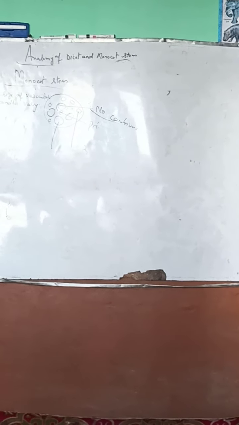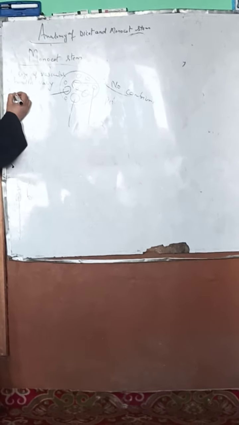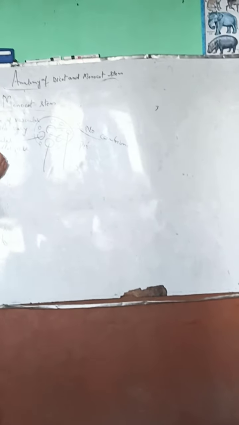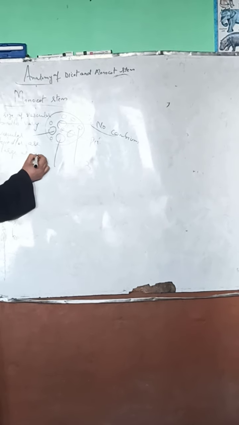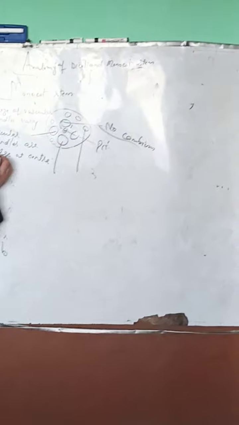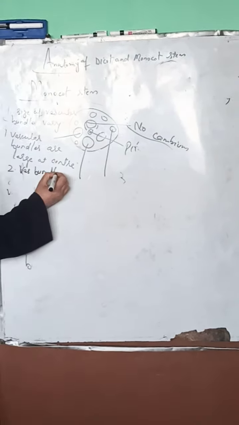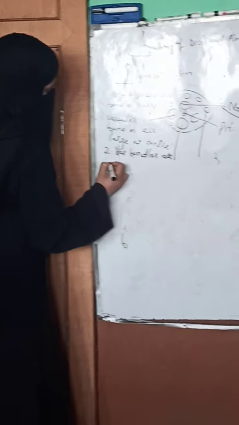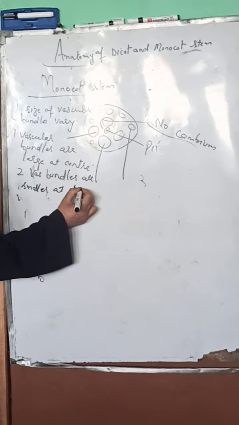At the center, vascular bundles are larger. So we can write: number 1, vascular bundles are larger at the center. Number 2, vascular bundles are smaller at the periphery.